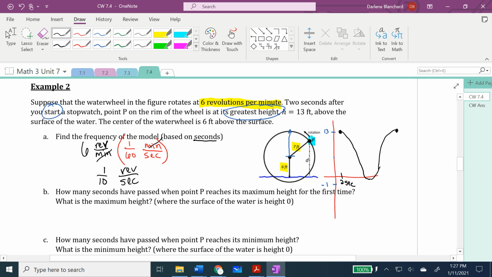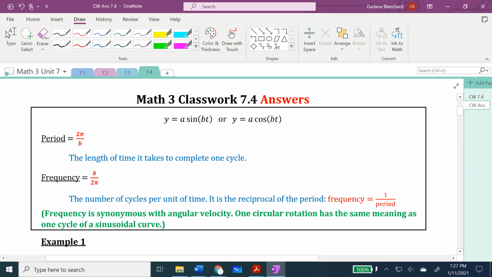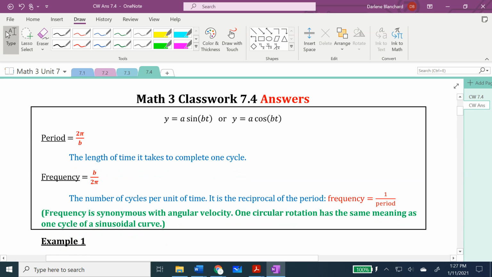Now, what was the meaning of frequency? There are different ways to approach it. It's 1 over the period of the graph, and it's also the number of cycles per unit of time.